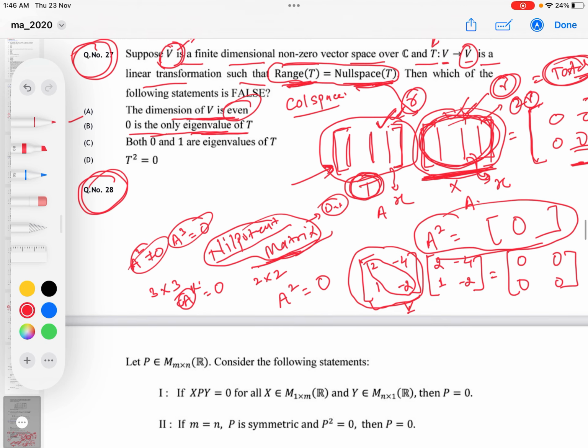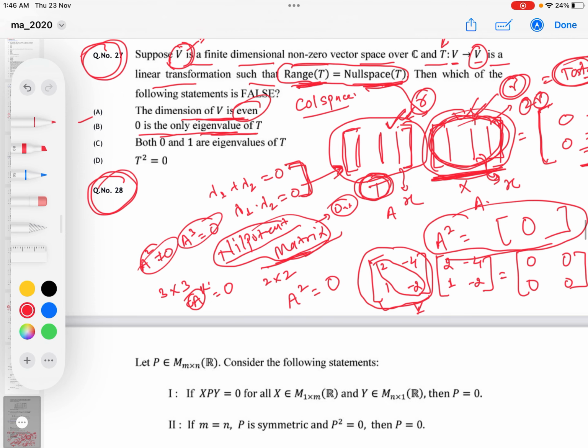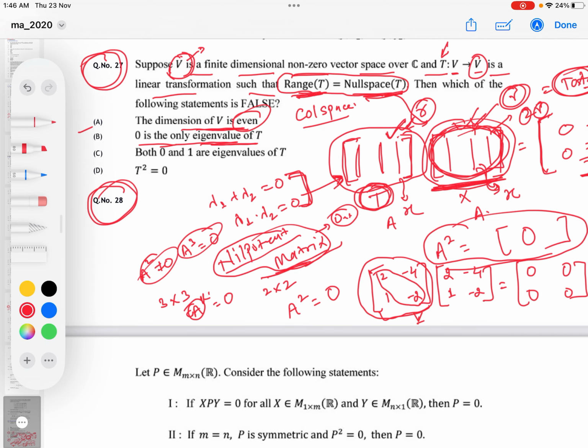So lambda 1 plus lambda 2 is equal to 0, and lambda 1 times lambda 2 is equal to 0. These conditions will be satisfied only when both the eigenvalues are 0. So 0 is the only eigenvalue of T; this is a correct one.